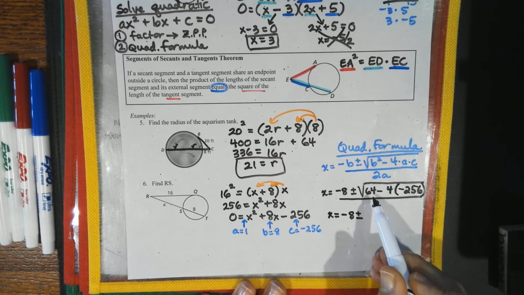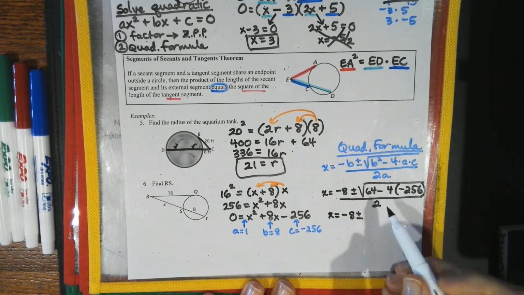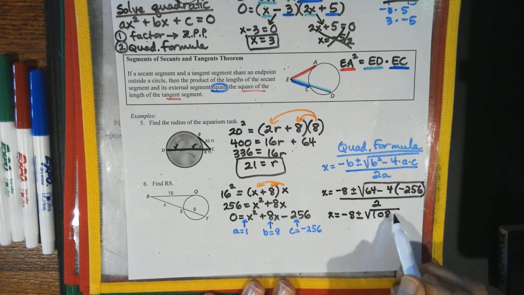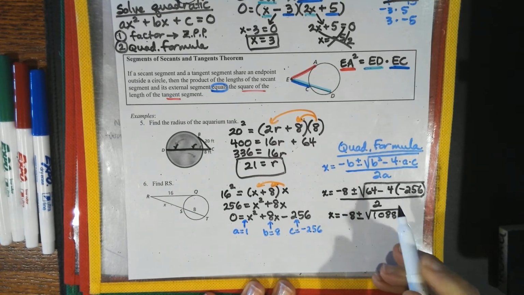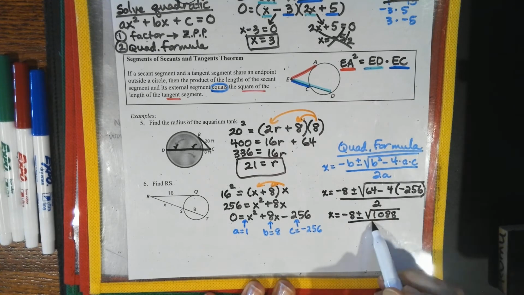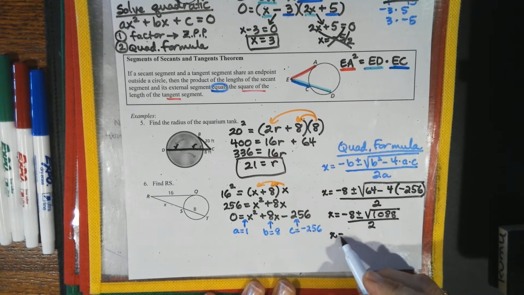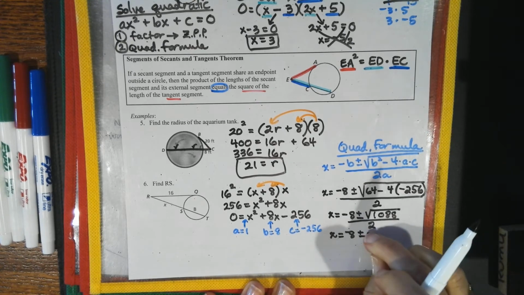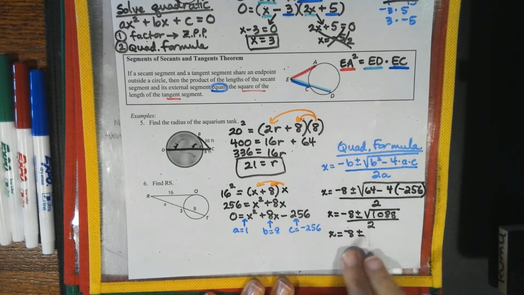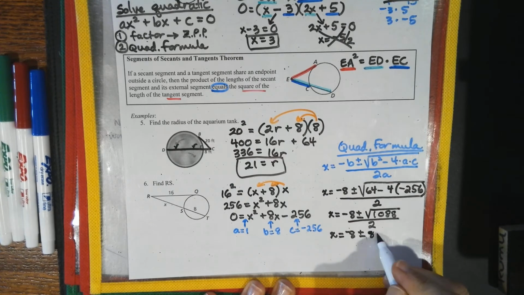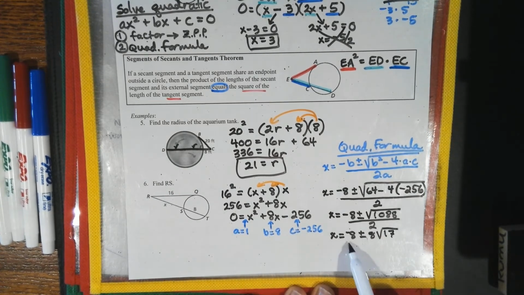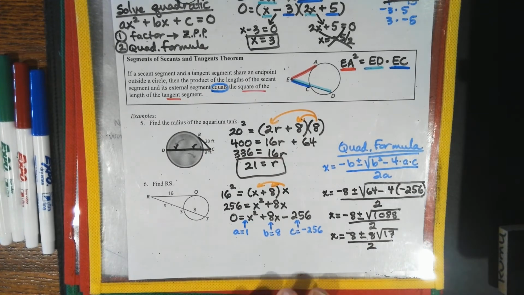And I would do 64, I add that together. Let's see, that gives me 1088. And then I have over 2. I would have to, of course, reduce this. And it does reduce, whoops, to 8 times the square root of 17 over 2.